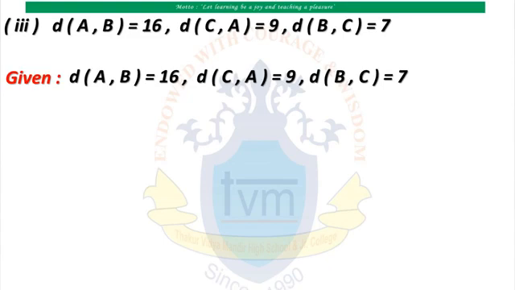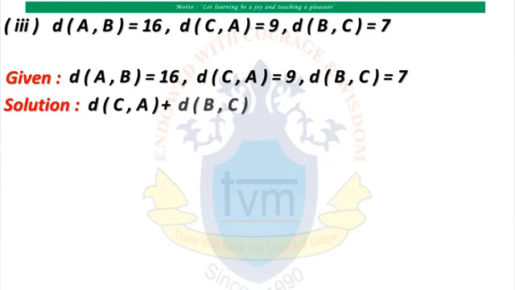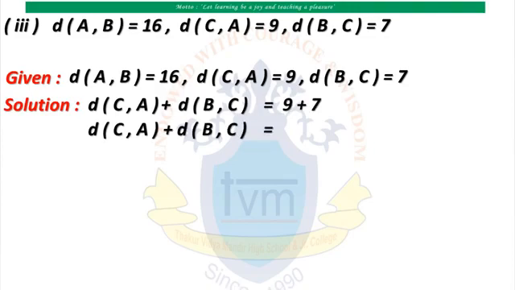So what we will do here, we will add the two smaller distances, that means 9 and 7. It means we'll find the sum of distance CA and distance BC. So distance CA plus distance BC equals 9 plus 7. Distance CA plus distance BC equals 16. We'll consider this step as equation number 1.